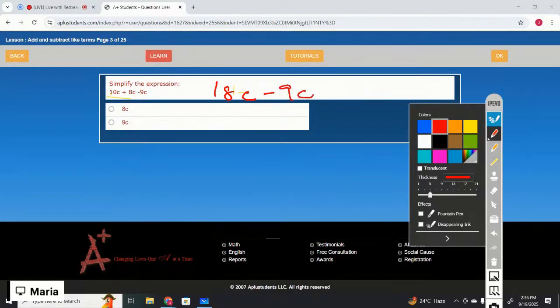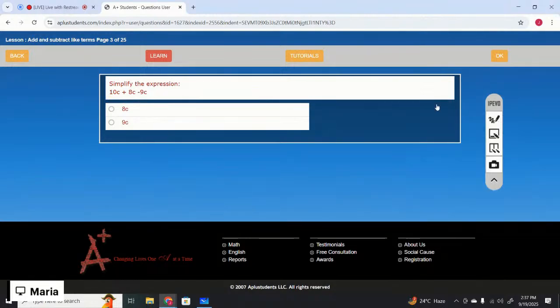That is 18c minus 9. 18 minus 9 is 9. Option number 2 is the correct option. That is 9c.